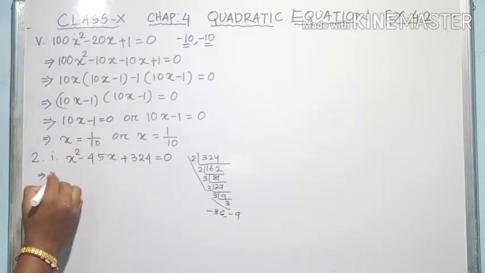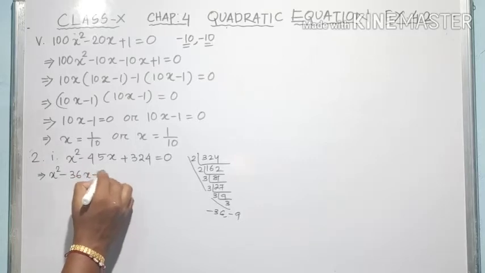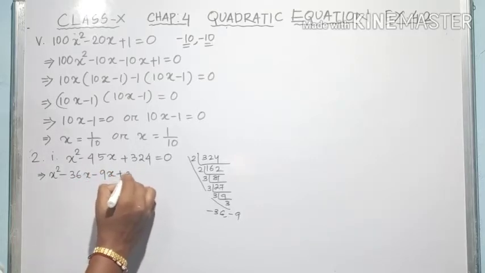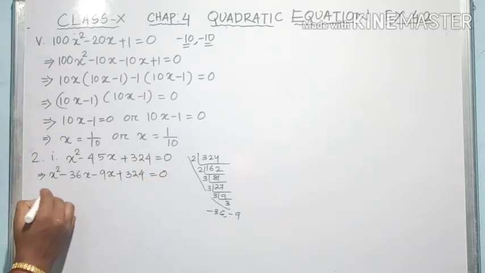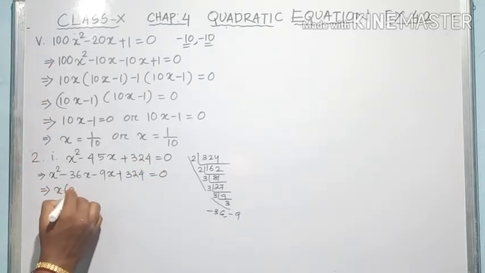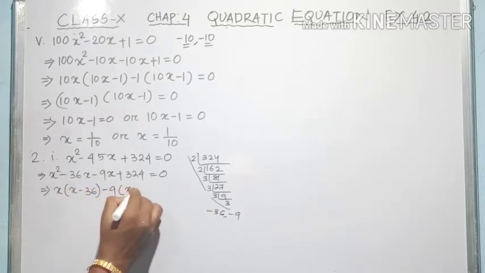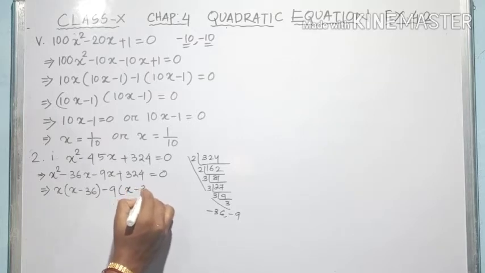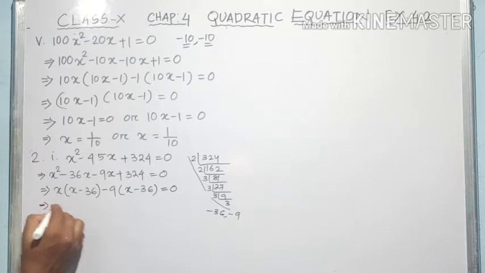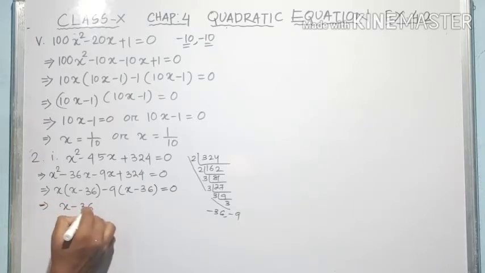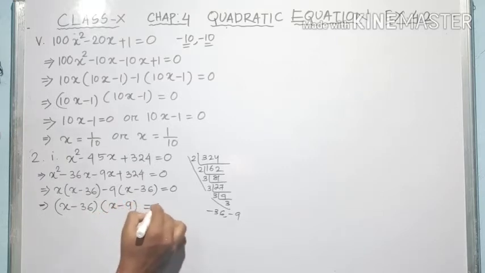Let's solve here. x square minus 36x minus 9x plus 324 is equal to 0. If you take x common, here it is x minus 36. If you take minus 9 common, here it will be x minus 36 is equal to 0. Now if you take x minus 36 common, then here will be x minus 9 is equal to 0.